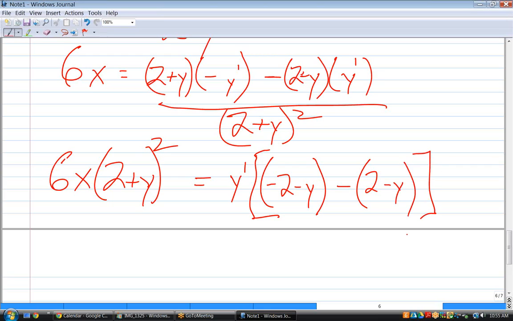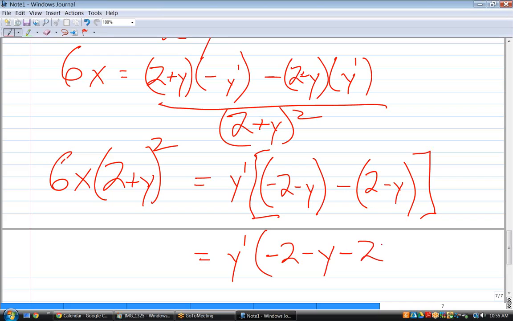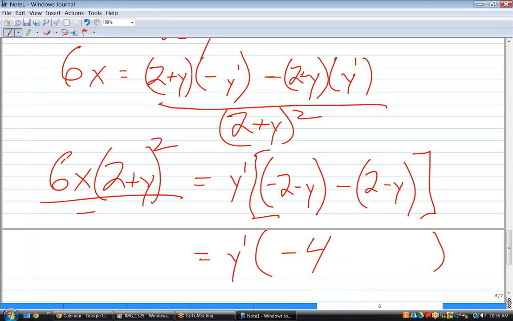Right? Yep. Now let's simplify this thing. Well, to remove the inside brackets, I got minus 2 minus y minus 2 plus y. Right? Yep. Well, that becomes minus 4. So now all I have to do is divide both sides by minus 4.